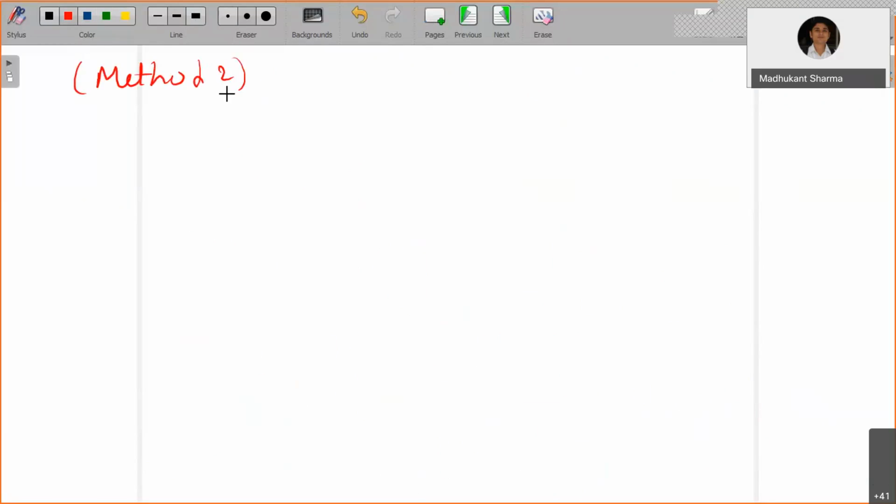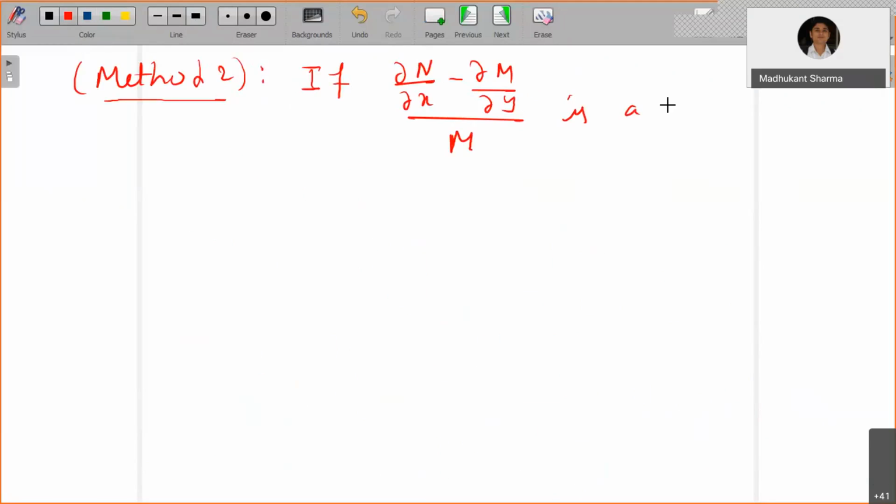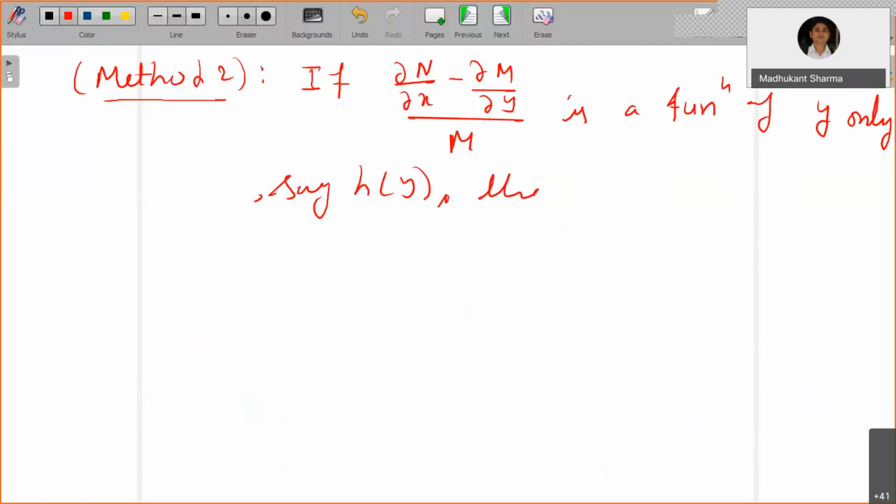Method 2 is for identifying the integrating factors. If dou n by dou x minus dou m by dou y, divided by m, is a function of y only, say h of y, then the integrating factor mu equals e to the power integration of h of y dy.